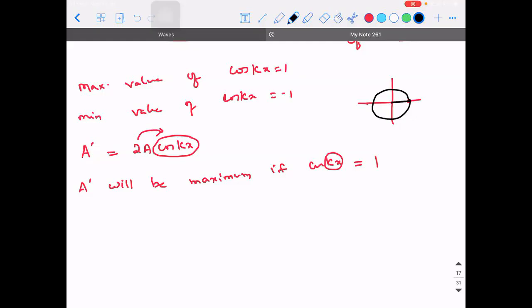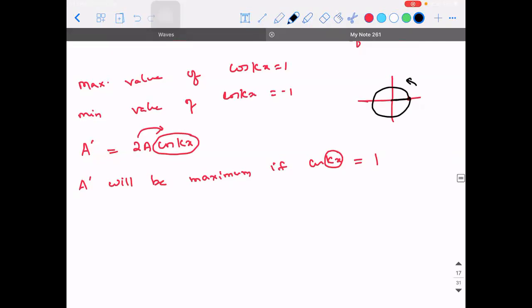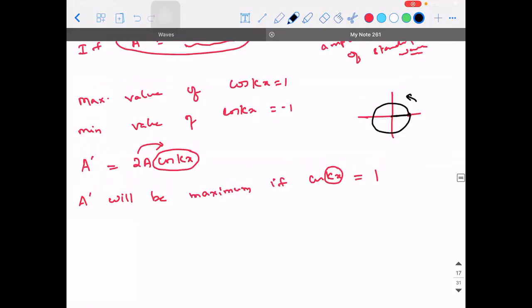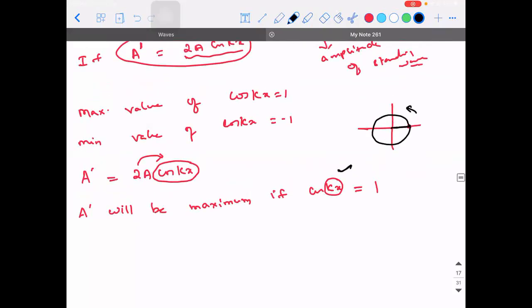2 pi radians. Similarly, if it makes two complete revolutions, how much is the angle it is going to cover? 4 pi. So kx is the angle here. So can I say kx can be 0, 2 pi, 4 pi, 6 pi, so on till infinity.